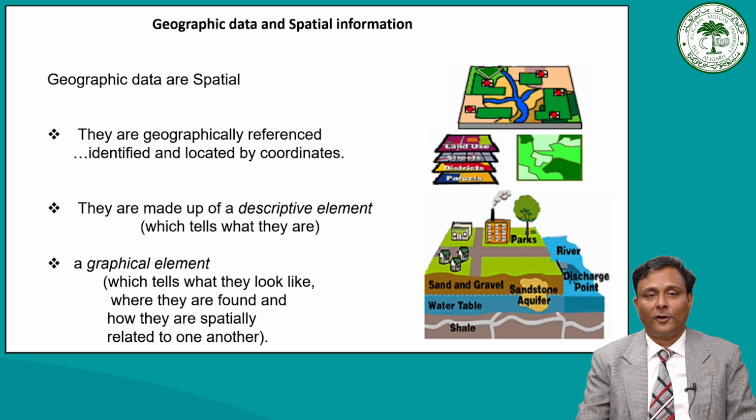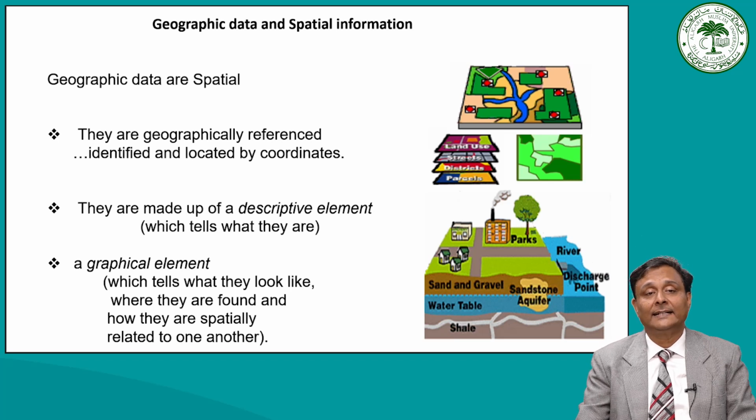They are linked to specific geographic coordinates. This information also comes with the descriptive element, which gives us an idea of what kind of phenomena is existing at any specific location. That way we can link that spatial location with the attribute information, or the descriptive element, of that location.